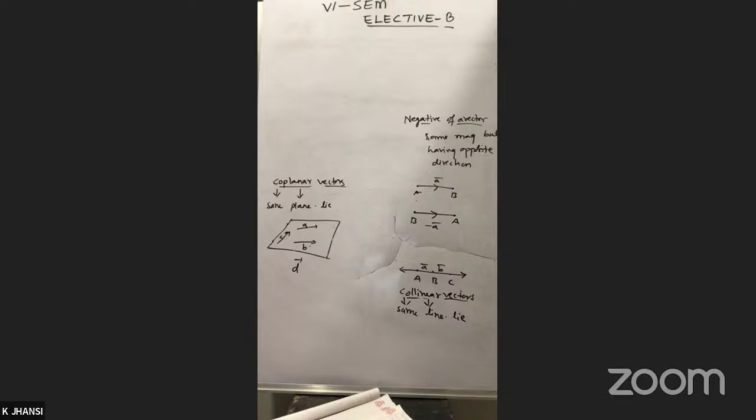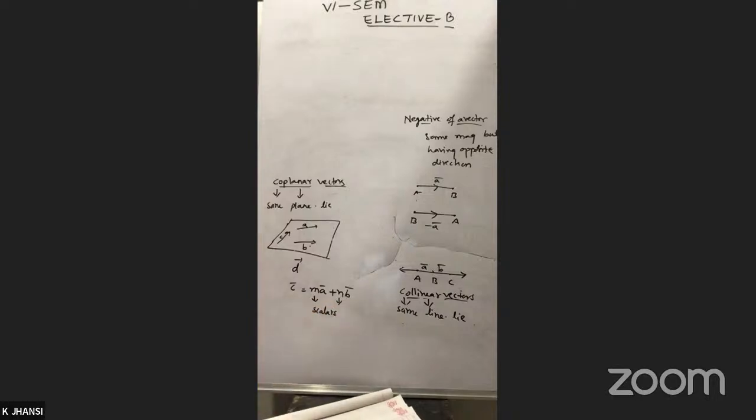So A, B, C are coplanar if there exist scalars m and n such that vector C is equal to m into A plus n into B. This is the theorem you have in your textbook, so try to practice this one. Vector C is equal to m into A plus n into B. Here m and n are scalars, which are nothing but real numbers.